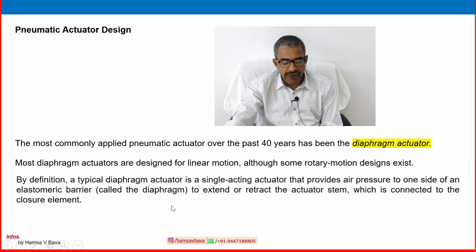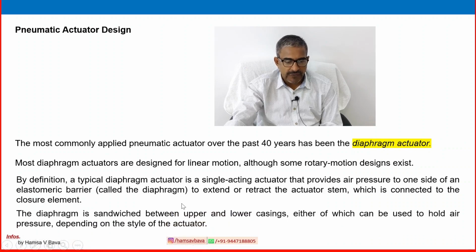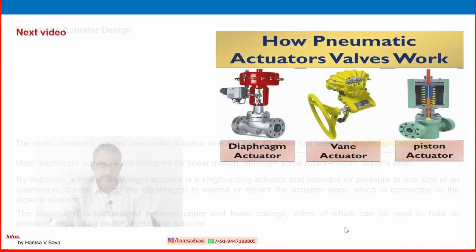By definition, a typical diaphragm actuator is a single acting actuator that provides air pressure to one side of an elastomeric barrier called the diaphragm to extend or retract the actuator stem, which is connected to the closure element. The diaphragm is sandwiched between upper and lower casings, either of which can be used to hold air pressure depending on the style of the actuator.